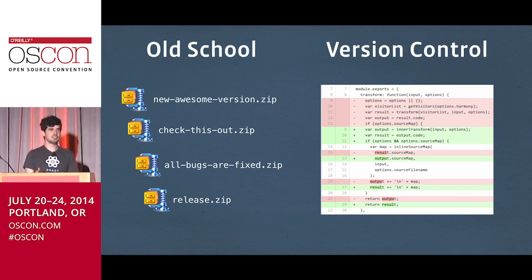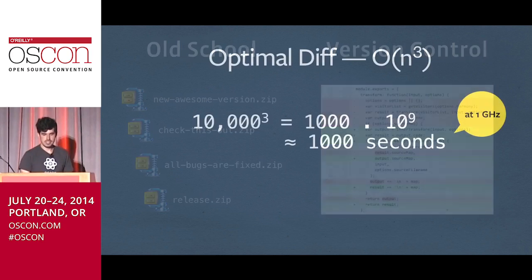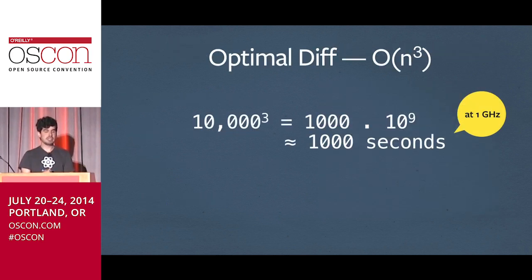So the logical thing to do at this point is to look on the internet at all the academic papers and see what's the best algorithm for diffing trees. And it turns out that the complexity of it is O(n^3). So let's say you have 10,000 DOM elements in your application.